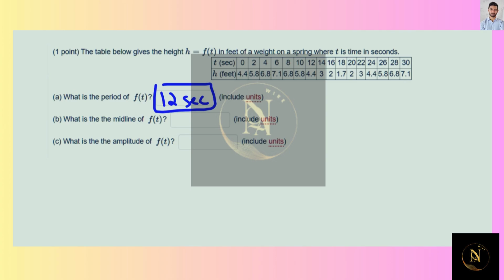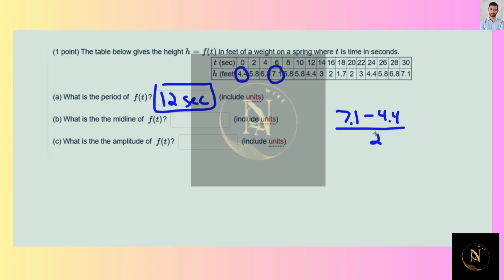The midline would be the difference between the max and the min. So the smallest value is 4.4 and the highest is 7.1. So 7.1 minus 4.4, that would be the range, and the midline would be halfway.